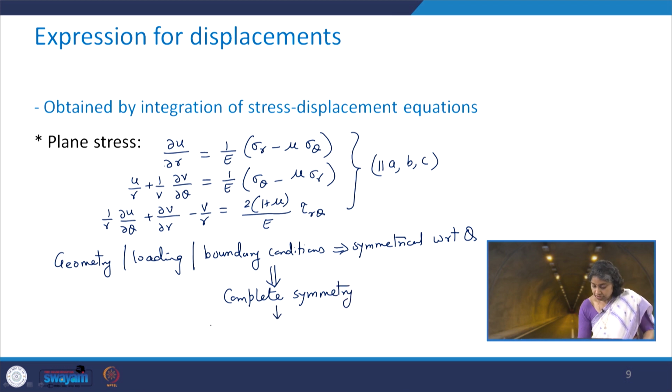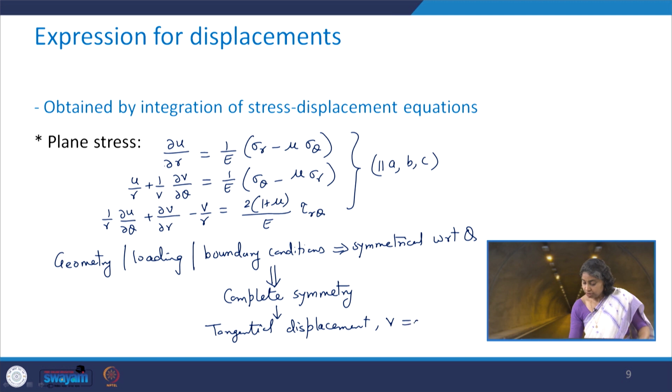And therefore, we can have the tangential displacement, which we represent by v, to be equal to 0.